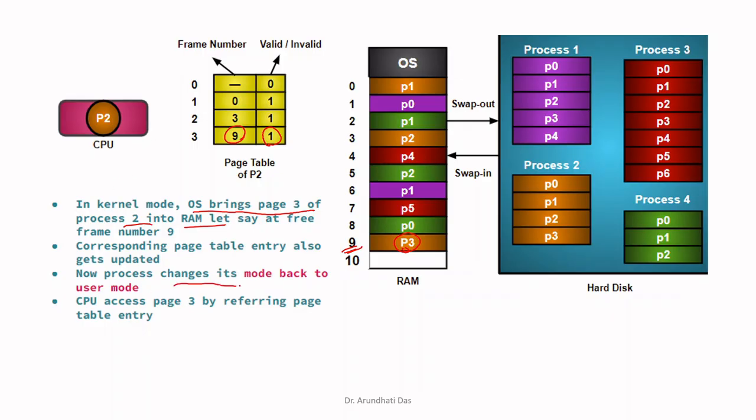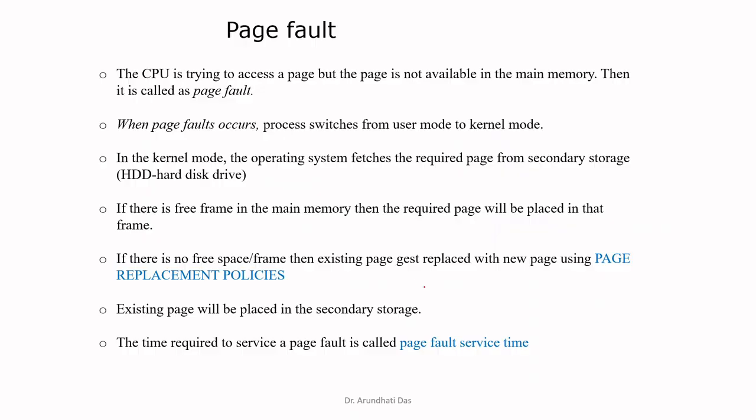Now the process will change its mode back to user mode, and the CPU will access page 3 by referring to the page table entry. The CPU will see that page 3 is in main memory frame number 9, go to frame 9 and see whatever lines of code are written, to execute them.